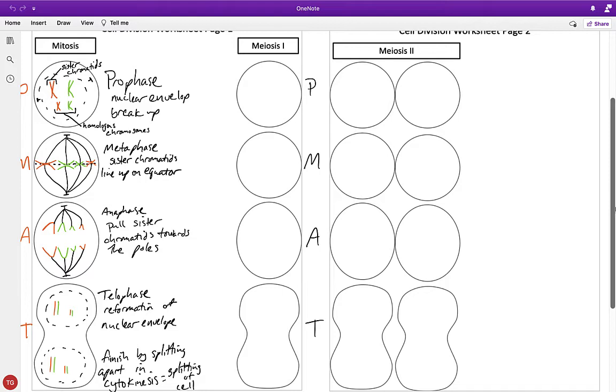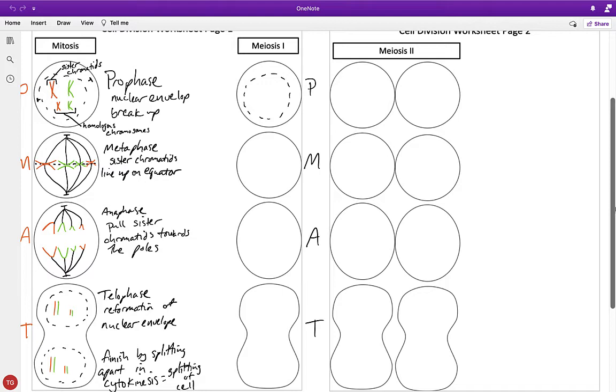And let's begin first with something it has in common with it. We have a nucleus surrounding our genetic material, and we need to break that down. Now it ends up that I'm going to go ahead and jump all the way down to telophase because we know that in telophase we are going to rebuild that nuclear envelope.